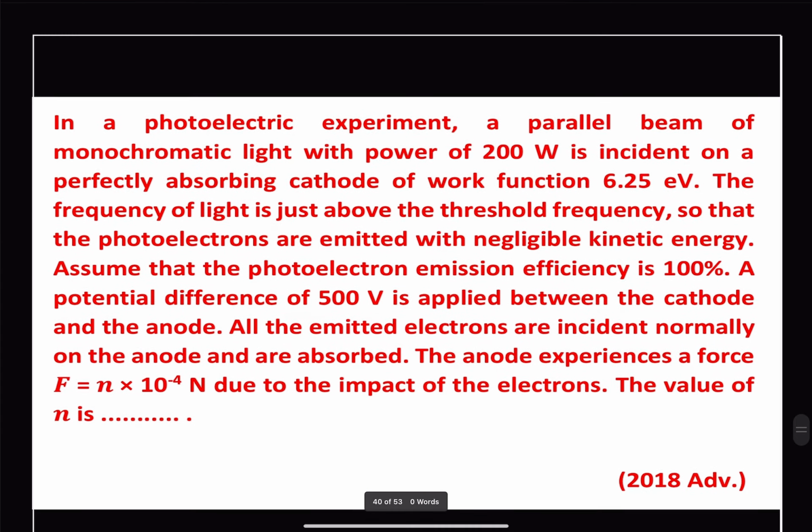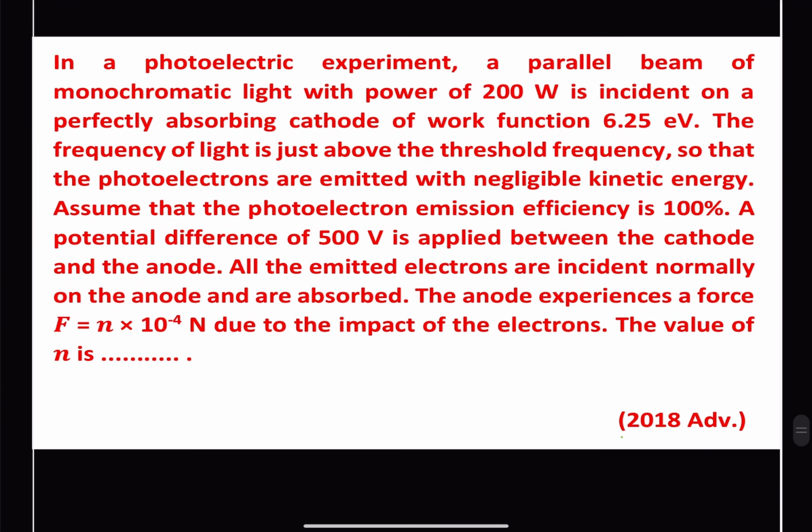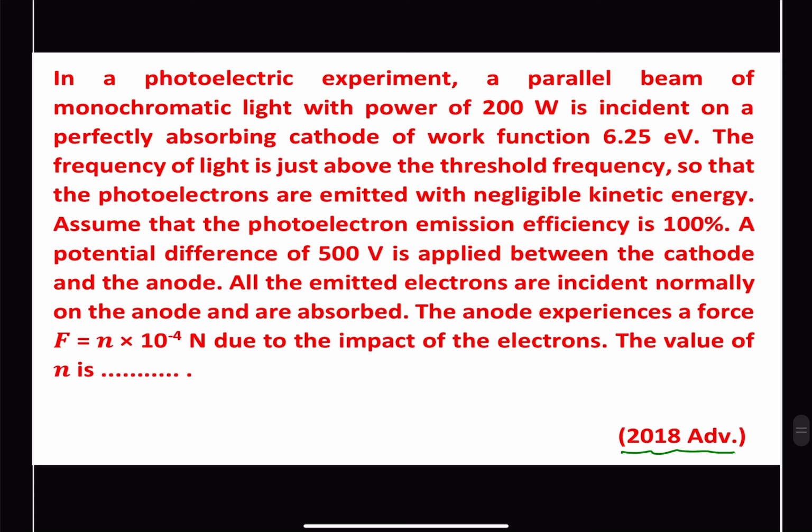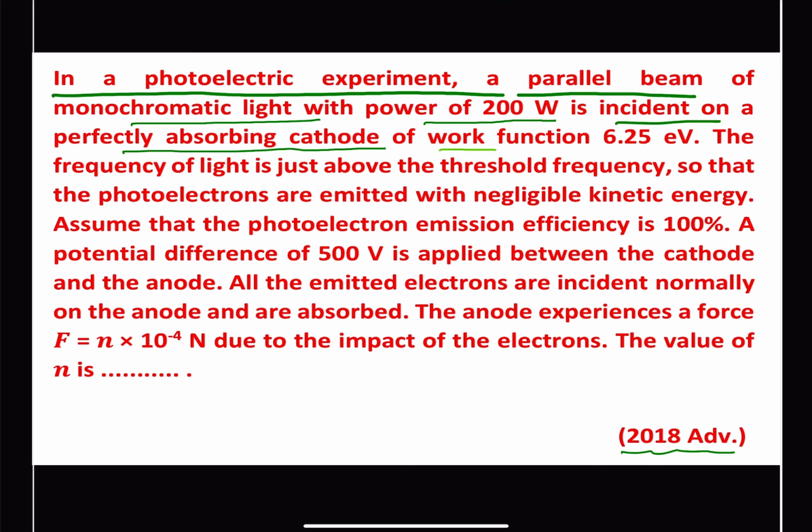Next question. It was also asked in 2018 Advanced, and it states: in a photoelectric experiment, a parallel beam of monochromatic light with power 200 watt is incident on a perfectly absorbing cathode of work function 6.25 electron volt. The frequency of light is just above the threshold frequency, so the photoelectrons are emitted with negligible kinetic energy.